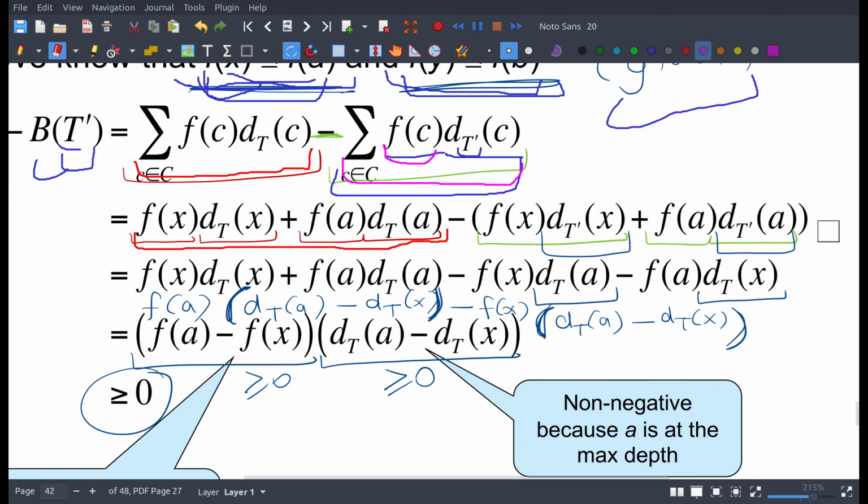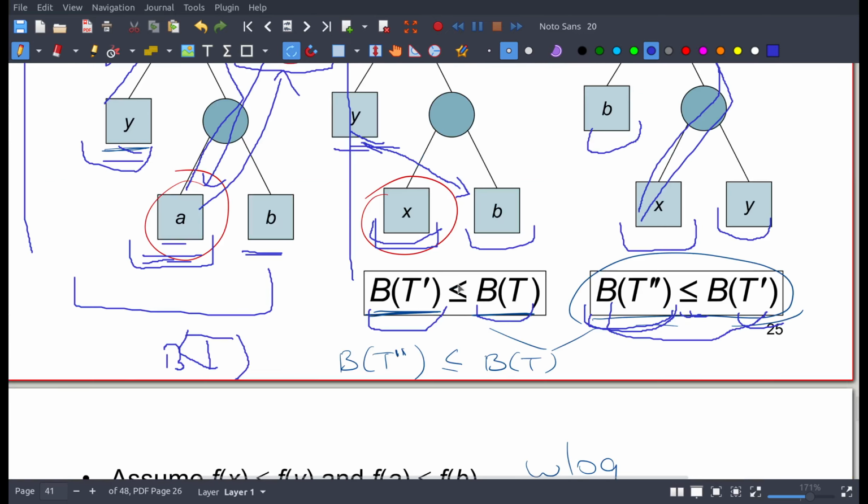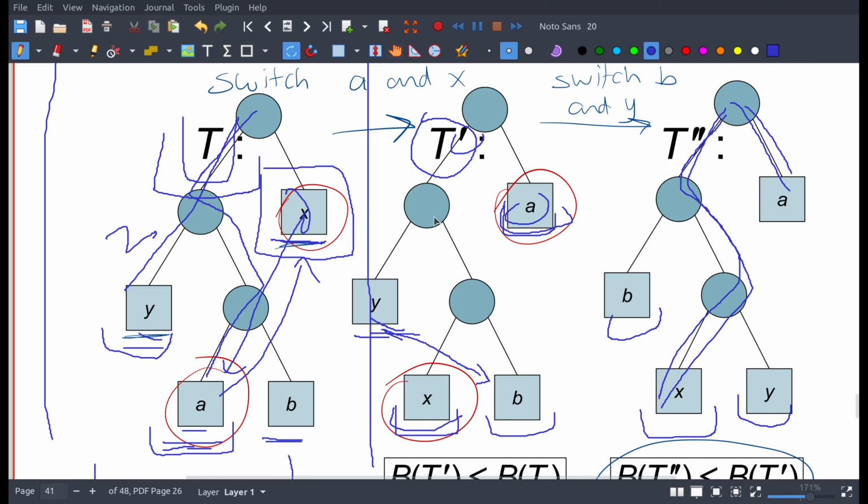Now what do we do? The next step is that we have to change this. So the distance of t dash of x is equal to the distance of t of a. Let me explain that. What does that mean? The distance of t dash of x, basically this distance from here to here, is equal to the distance of a in this tree, because a was over here.